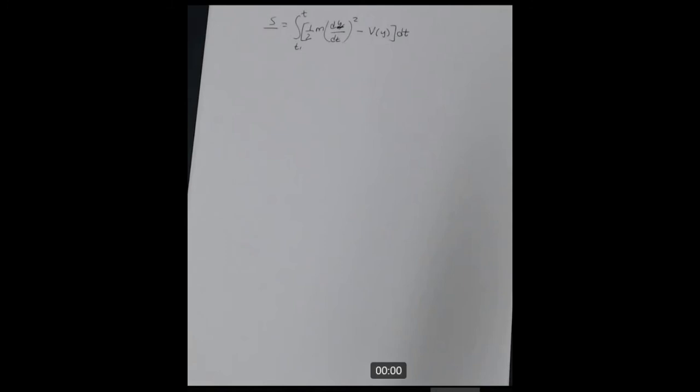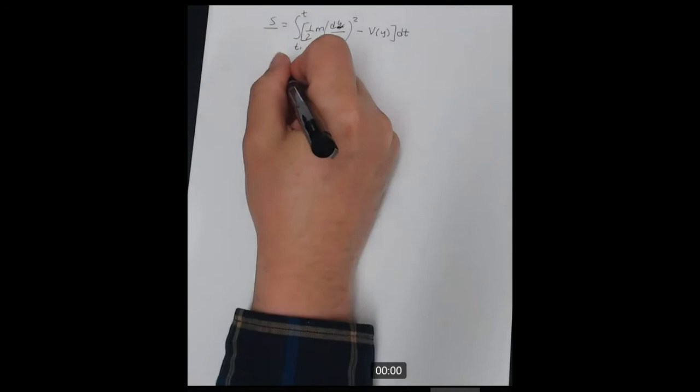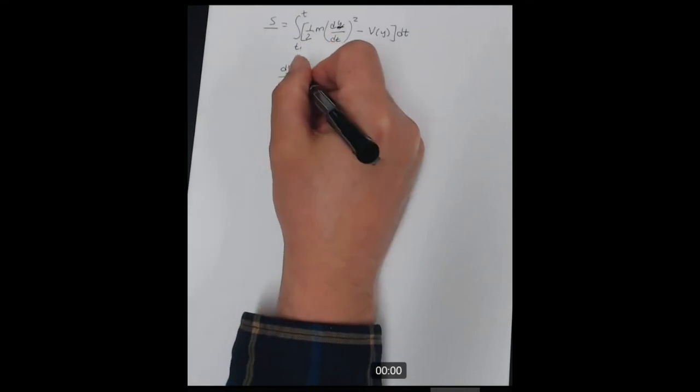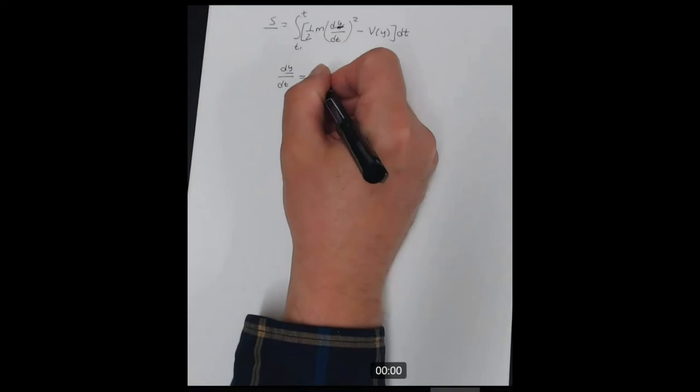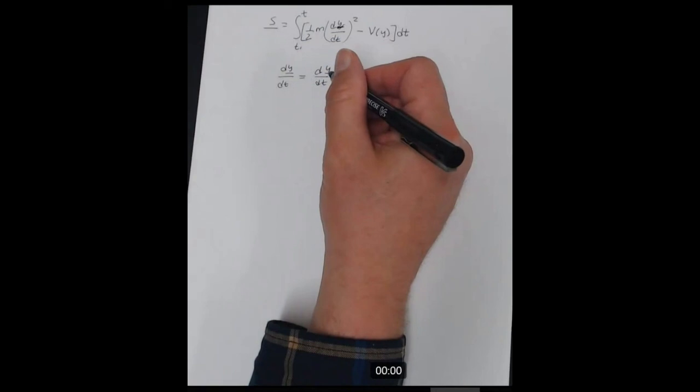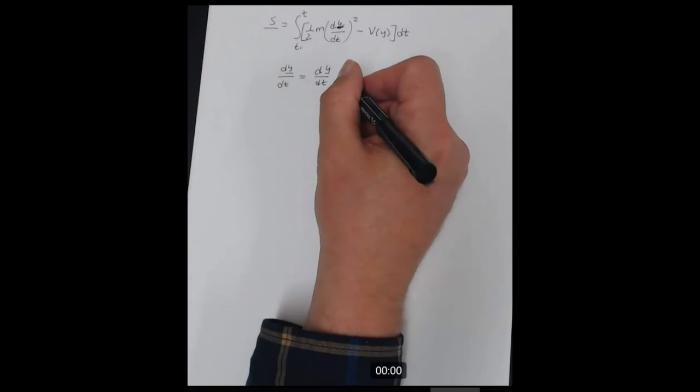Now what I'm going to do is replace dy underscore dt with dy dt, the actual velocity, or the time derivative of the actual path. Then I have also this plus.